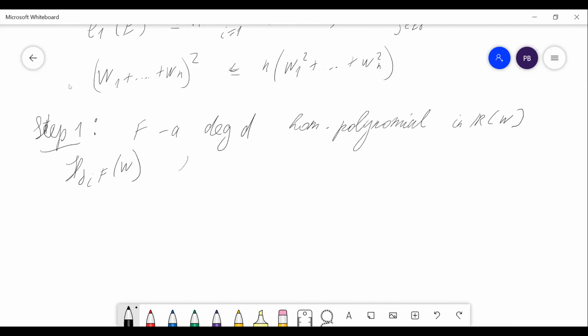If for any e this thing has one positive eigenvalue, then we can prove the following.